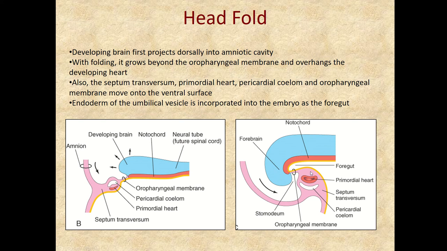As it folds around, you can see that all of this region here gets tucked into the embryo. So it actually incorporates some of this gut, the umbilical vesicle, into the embryo. We're going to call that area the foregut, which will be the beginning of the gut. And you can see how that oropharyngeal membrane will be the most superior aspect of this gut region. So this all starts as the head folds around.